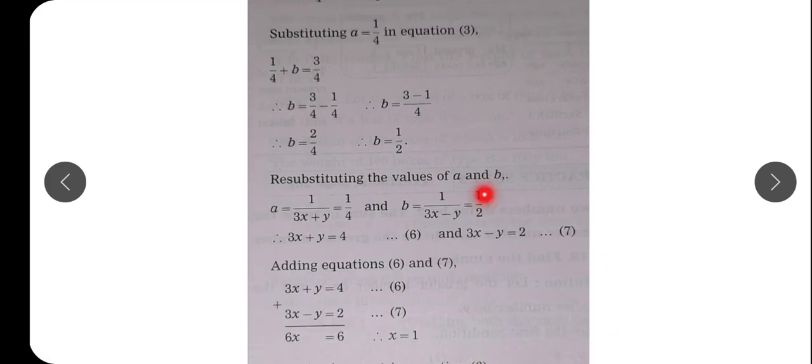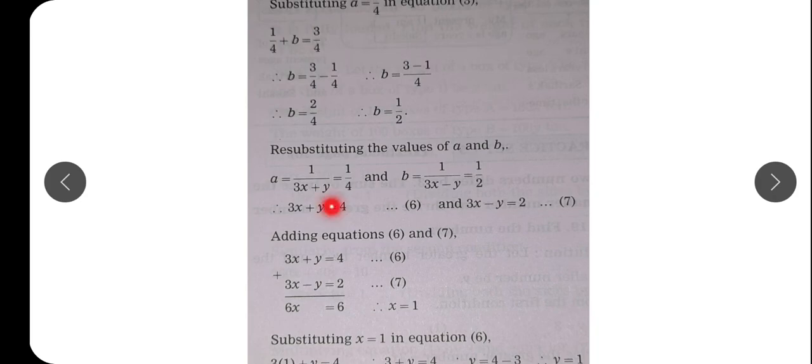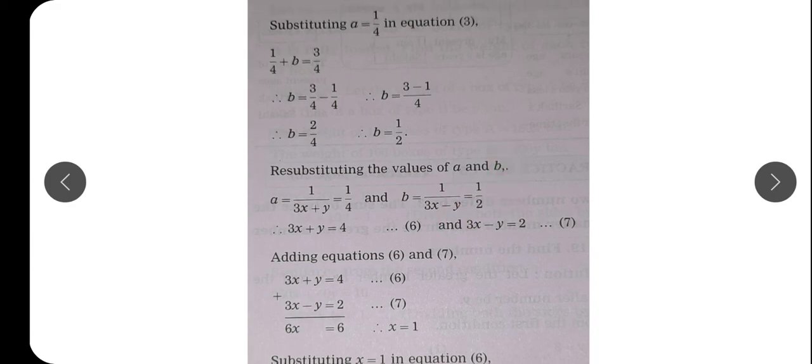Again resubstituting these values of a and b in the given substitution, a is equal to 1 upon 3x plus y, and a is 1 by 4. Therefore this is the new form you will get. Now, 1 upon 3x minus y is equal to 1 upon 2.